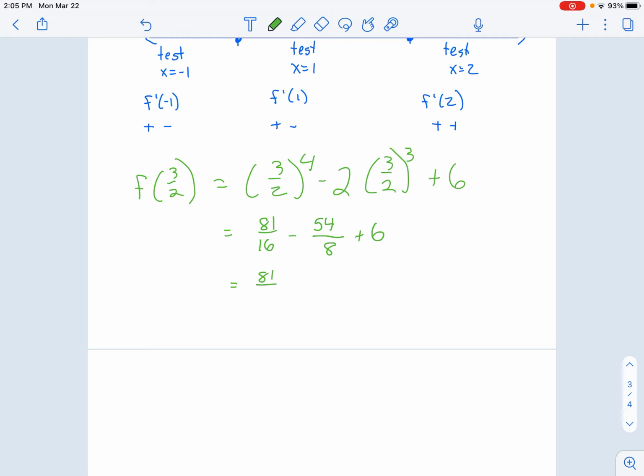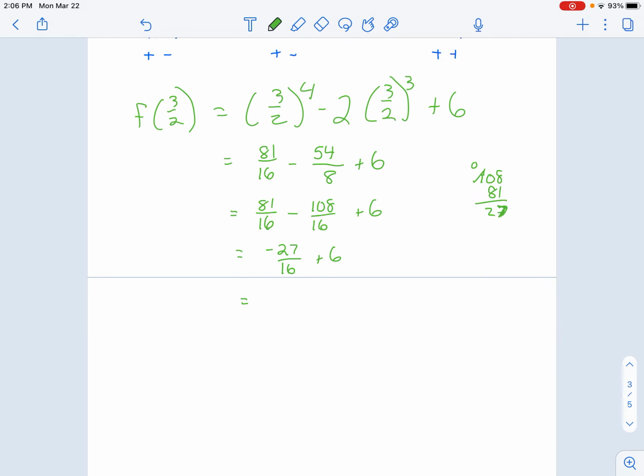This is 81 over 16. We're going to double these, 108 over 16. And let's just leave this as 6 for now. So let's see, 108 minus 81. Our negative was bigger, so negative 27 over 16 plus 6.